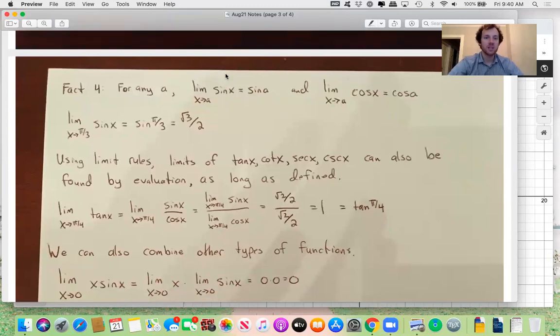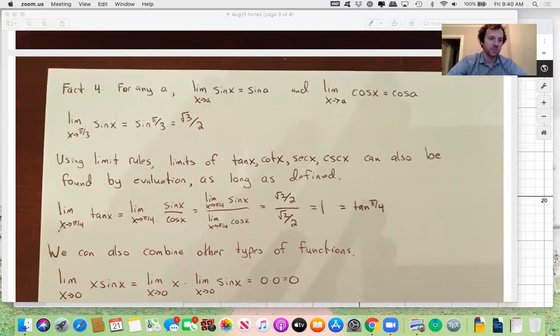So really here, the way that we'll handle these problems in the future, unless you're explicitly told to do something with limit rules, is, let's say the limit as x goes to pi over 4 of tangent. There isn't an asymptote at pi over 4.